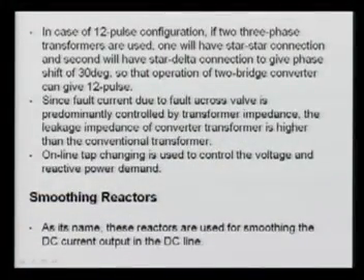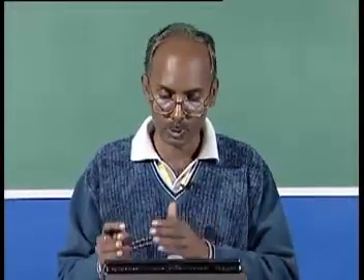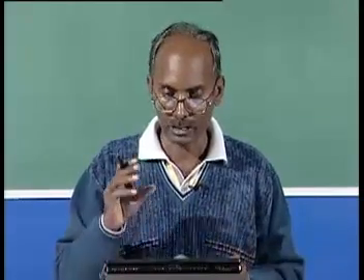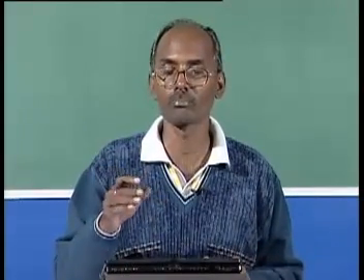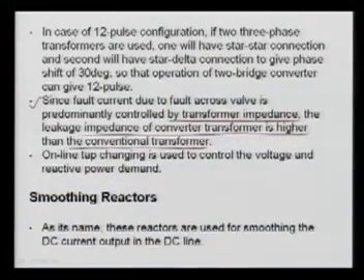So the transformer must be capable of that. Since the fault current due to a fault across the valve is predominantly controlled by the transformer impedance, the leakage impedance of the converter transformer is higher than that of a conventional transformer. As I said, during a short circuit or sometimes maloperation, when there is a short circuit, the only option we have is the leakage impedance.